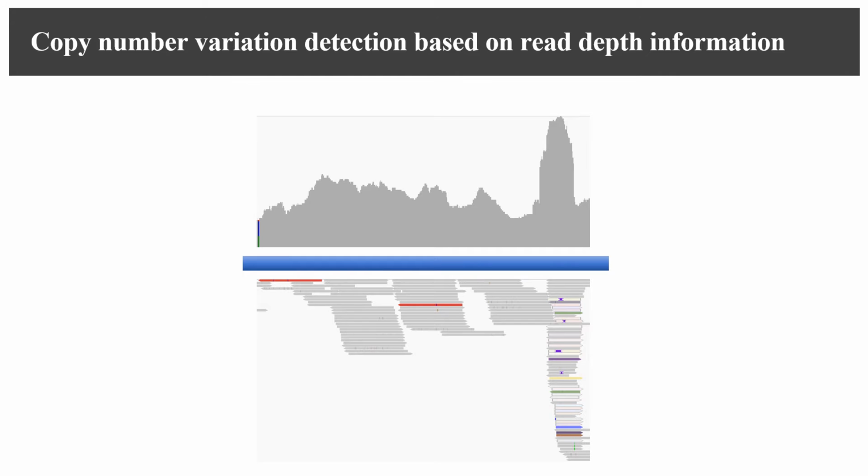How do we detect these copy number variations in the genome? One of the most common approaches is based on read depth information.